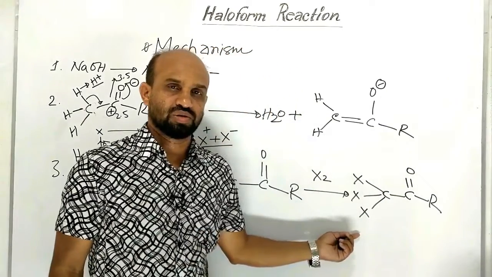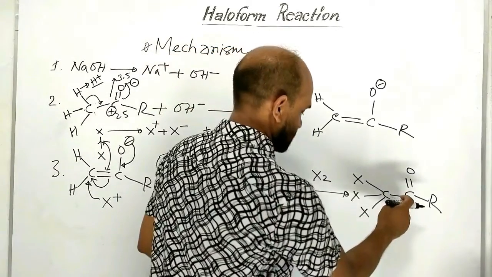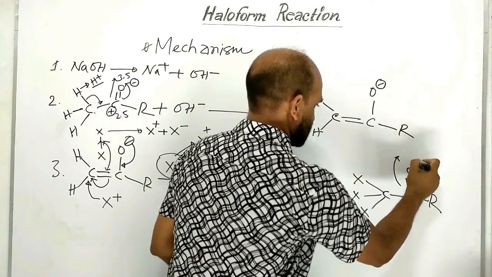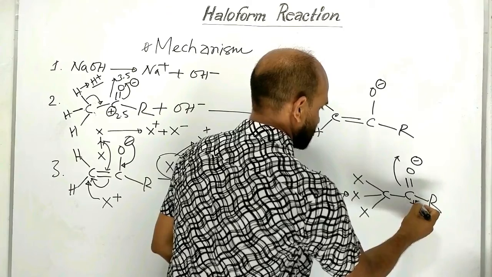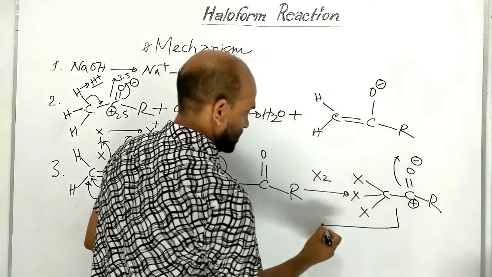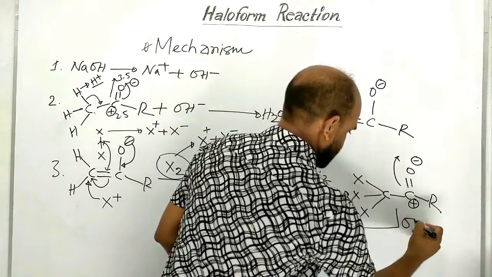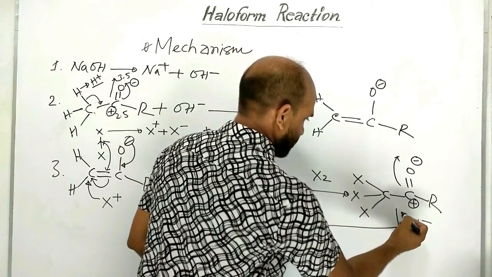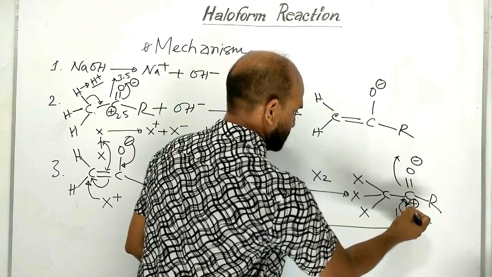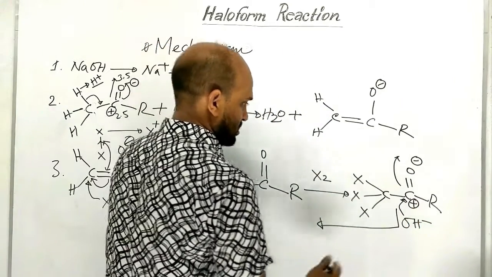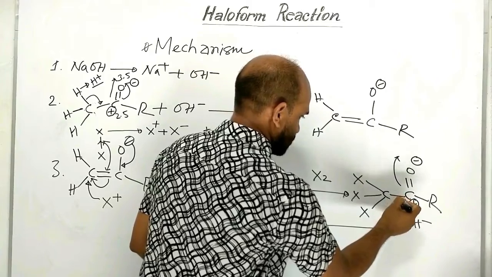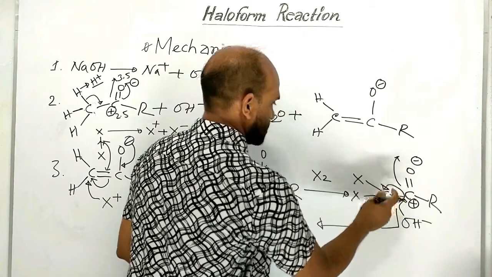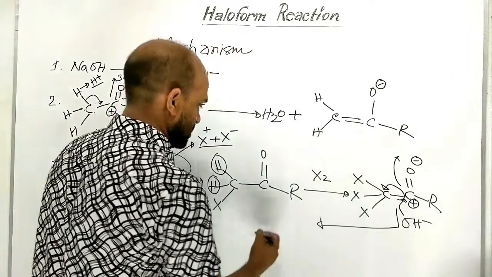This is formed. Here we see this carbonyl group again gets polarized. It becomes negatively charged, it becomes positively charged. And here hydroxide ion is present in the solution that combines with this positively charged carbon, and then this group is eliminated as leaving group in this way.